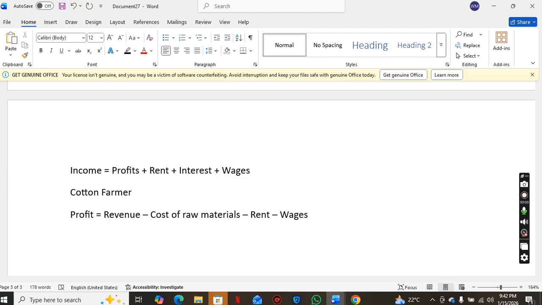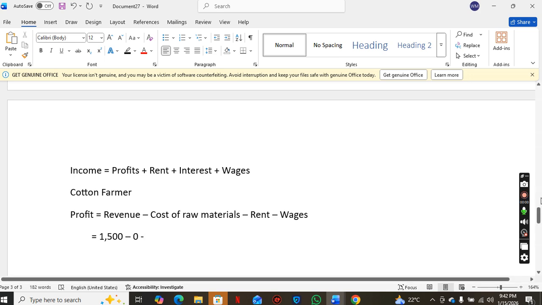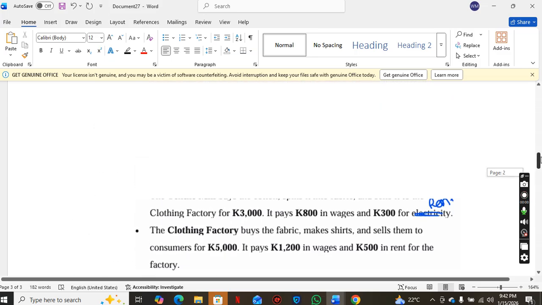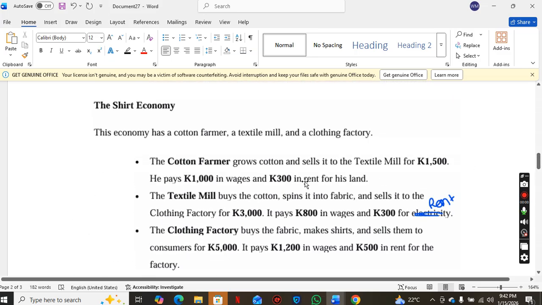So the farmer sold the cotton for 1,500. Cost of raw materials, we say it's 0. The rent was 300 kwacha, and wages 1,000.